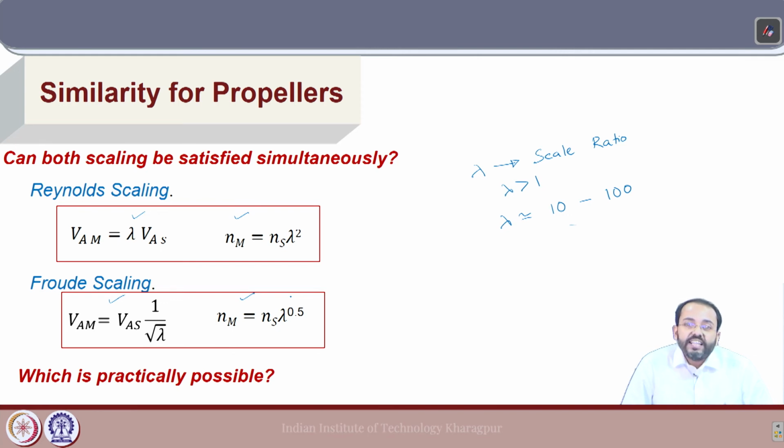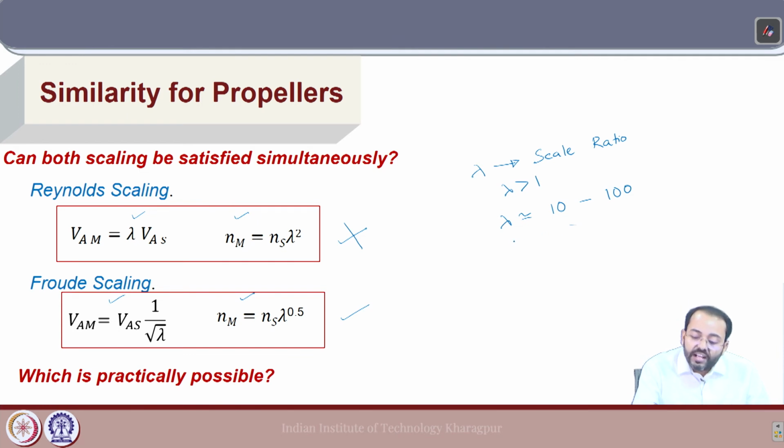Now, the big question here is which one is practically possible. In an ideal condition, we would want to keep all the numbers the same in the model and full scale, but because they give totally different values of the model and full scale ratios in terms of velocities and RPM, we cannot keep both of them the same, and it is obvious from these calculations that it is very difficult or rather impossible to keep the Reynolds number the same in the model and full scale.